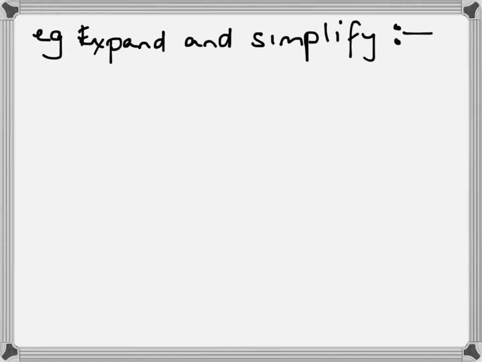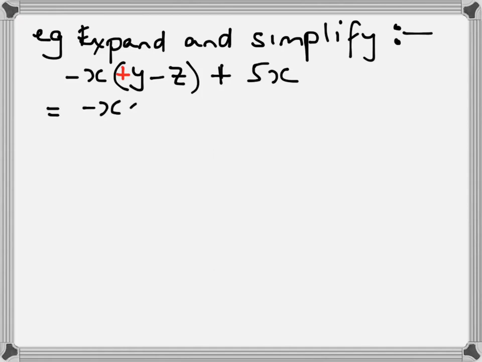Okay, we're going to expand and simplify this one now. My goodness, I think we'll be okay. I think we need a plus in front of that y, and then we'll expand it out, okay? Now the first xy term is going to be negative because the signs are different. The second xz term is going to be positive because the signs are the same, and then we've got a plus 5 times x.